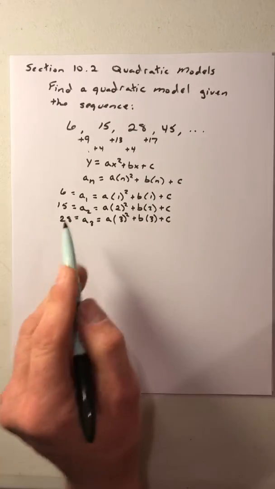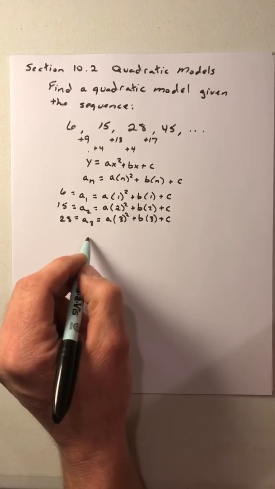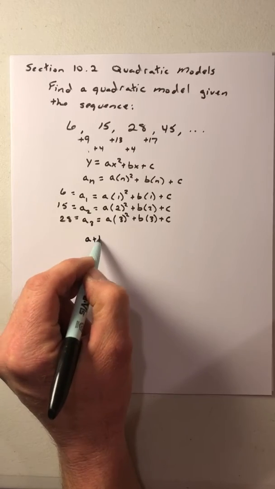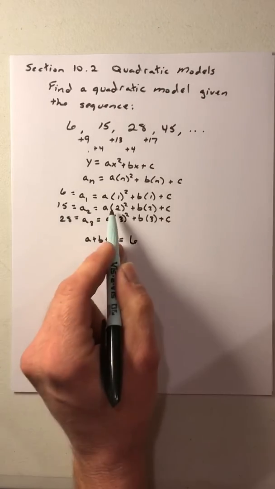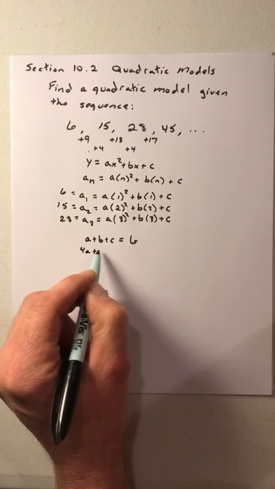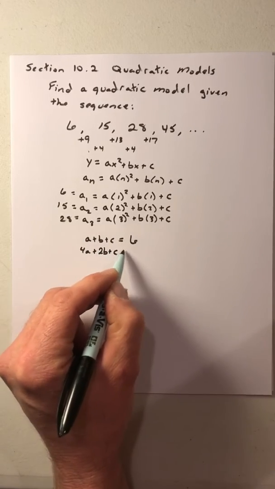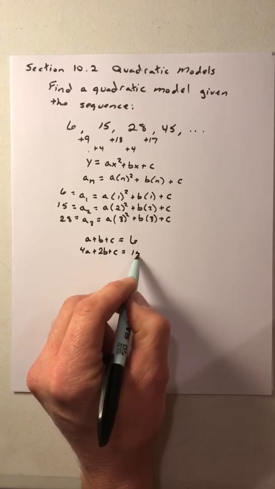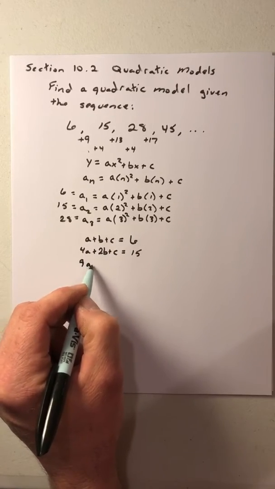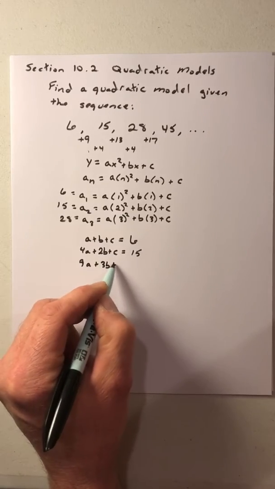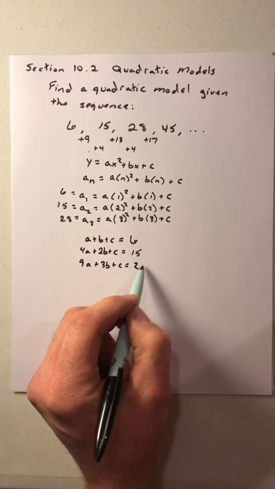So we can clean this up a little bit, because we know that a plus b plus c has to equal 6. We also know that 4a plus 2b plus c has to equal 15, and that 9a plus 3b plus c has to equal 28.